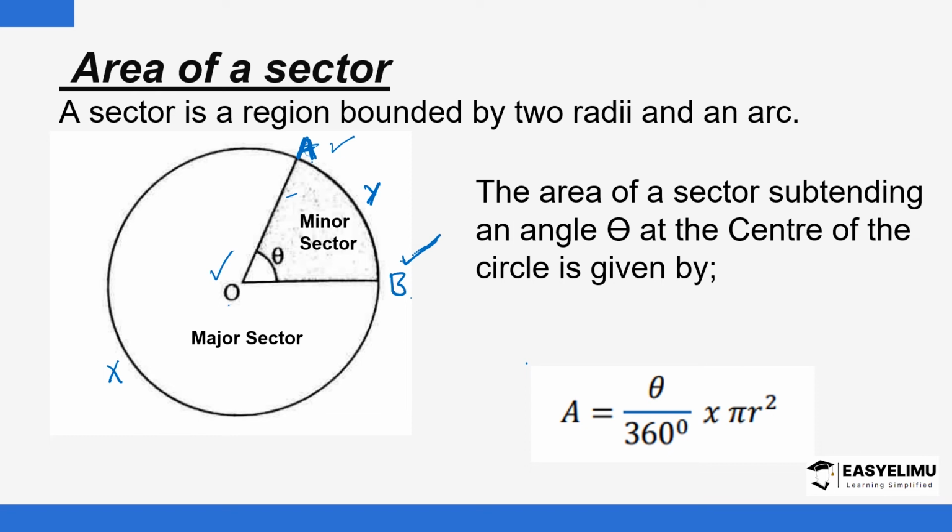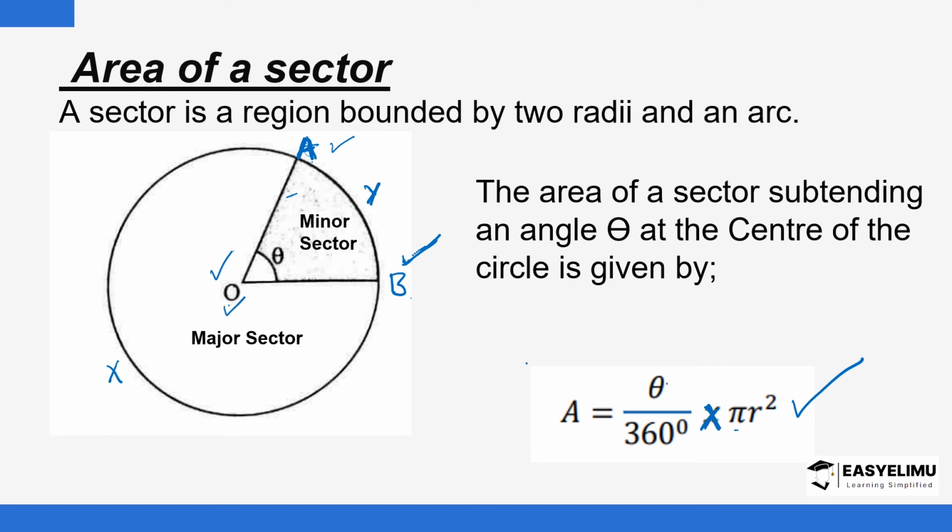So the area of a sector like OAYB can be obtained by using this formula: theta over 360 times pi r squared. So r there is the radius of the circle. For example, r in this case could be OB.